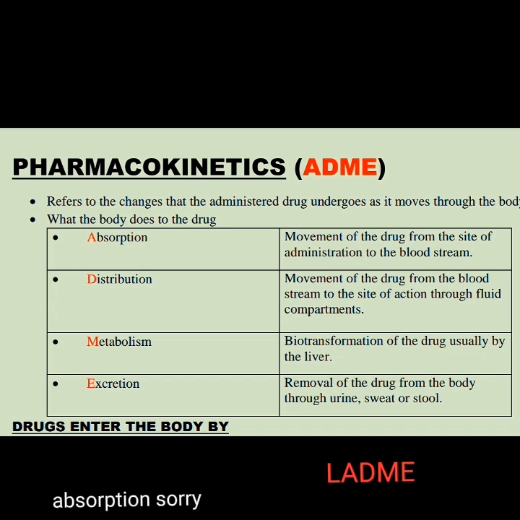Now what does it mean when we say absorption? You need to remember, when we say absorption, we're saying this is the movement of that drug from the site of administration all the way into systemic circulation, which is the bloodstream.